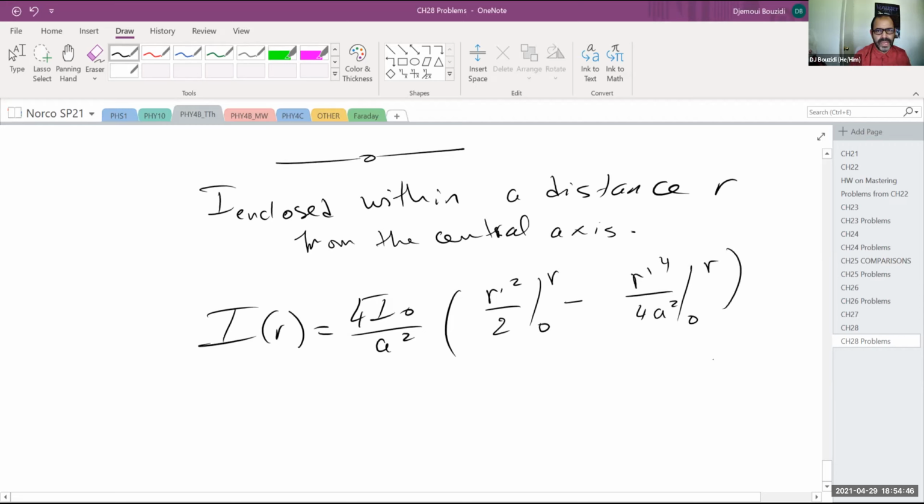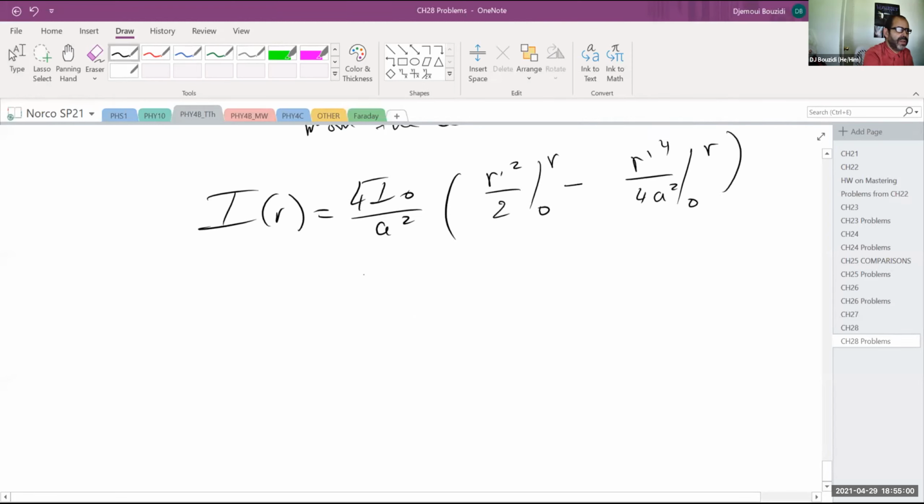If we do that, and I didn't make any mistake, then this should be r squared over 2, because the lower limit is 0, and this should be r to the power 4 over 4a squared, and the lower limit is also 0. So the value in here should be mu naught I naught over a squared times r squared over 2 minus r to the power 4 over 4a squared.